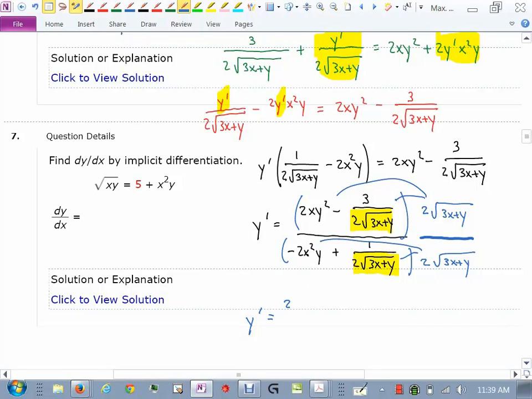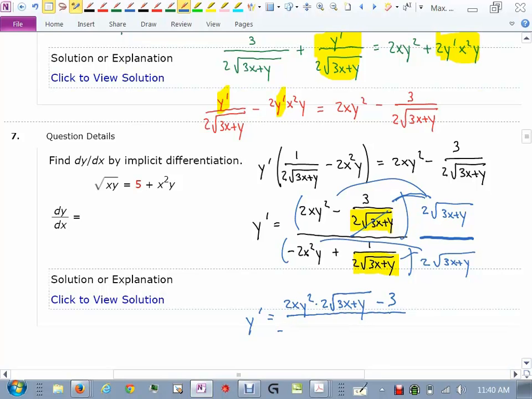Okay, so when I do my first distribution in the numerator, I get 2xy squared times 2 root 3x plus y. That's the first distribution. Now the second one, the yellow and the blue cancel completely, so I'm just left with minus 3. Now on the bottom, same sort of thing happens.